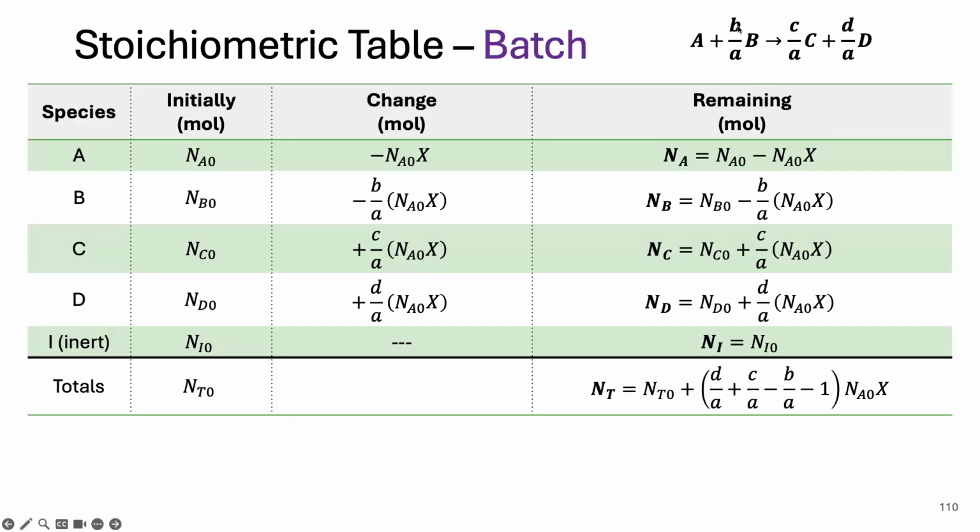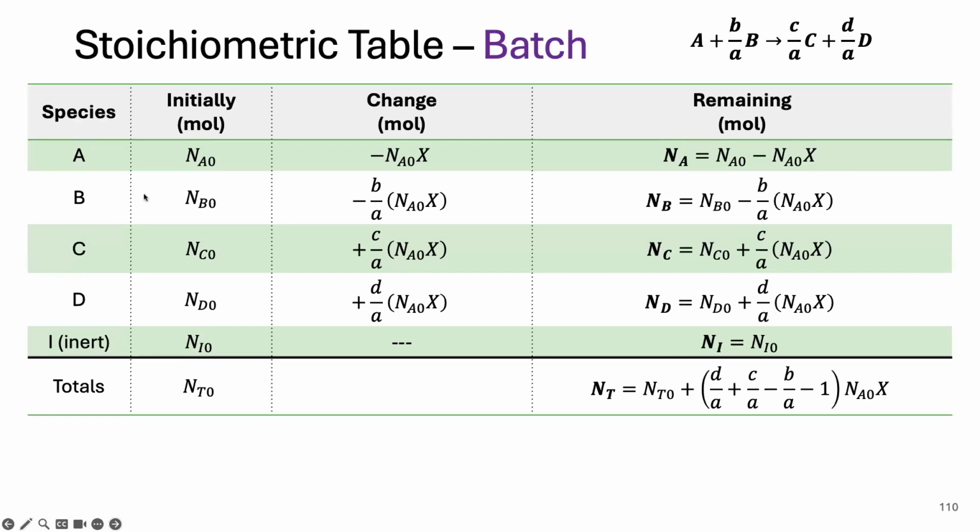So using these ideas, normalizing with respect to stoichiometry, we can prepare a stoichiometric table to keep track of what's happening to each of our species in a batch process initially and over time up until some conversion.